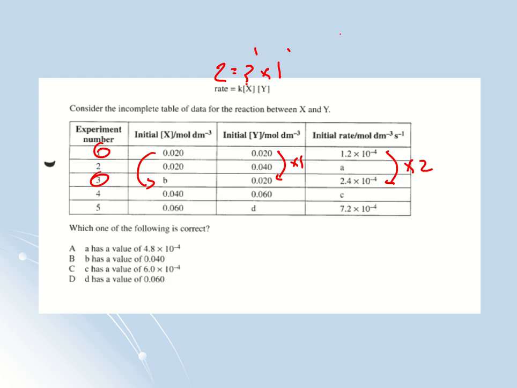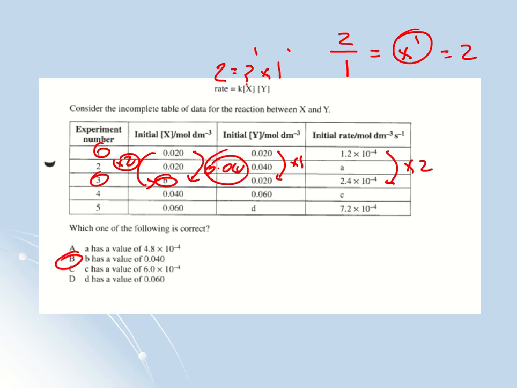So if I rearrange that, 2 divided by 1 equals the change in x to the power of 1, which is 2. So therefore x has doubled, so B in this instance will now be 0.04. We can see that B is indeed 0.04, so the answer to this one would be B.